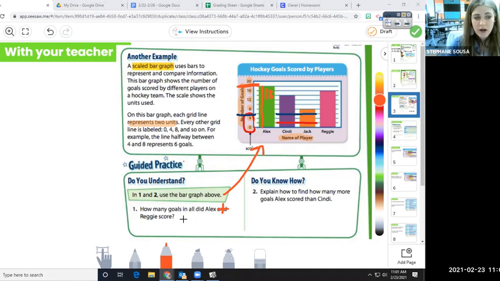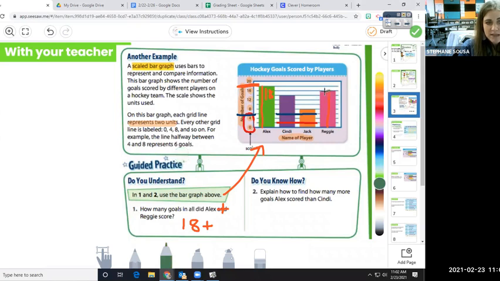So down here, I have Alex has 18 plus I've got to find Reggie's score. Reggie's score is right here. Reggie's in pink and he goes up and stops right here. Now in my mind, it's hard for me to just see where he's at.